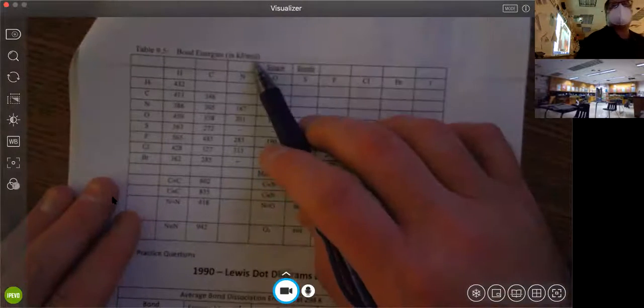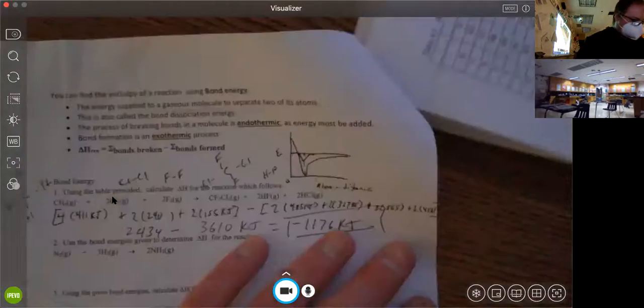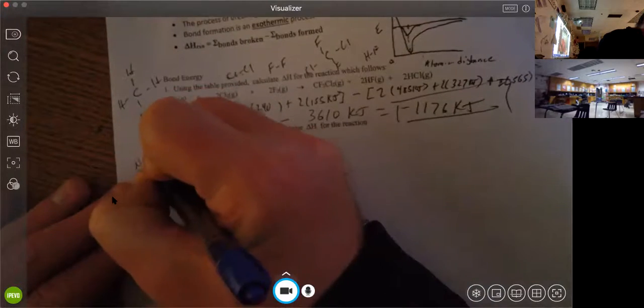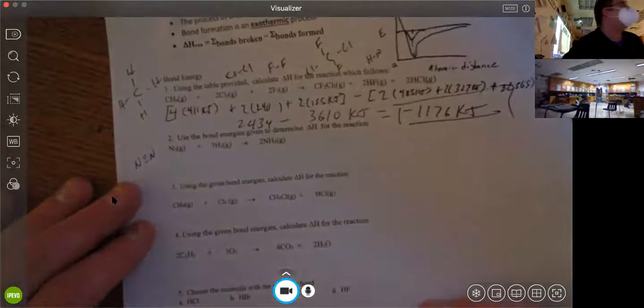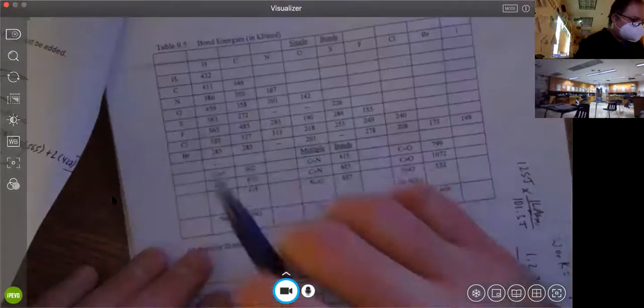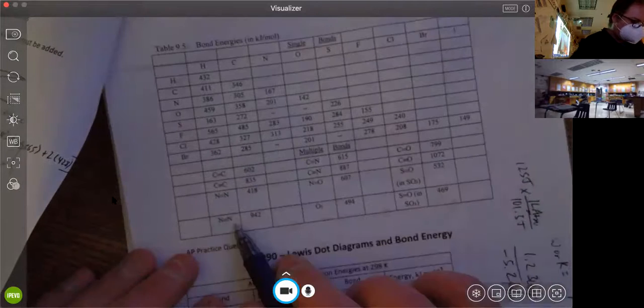Keep in mind again that all of these are per mole. So if we take a look, we have N2 here. We need to make sure that we understand that N2 is a triple nitrogen bond. So if we take a look here, the single bond is not going to do it. We need to be more careful.